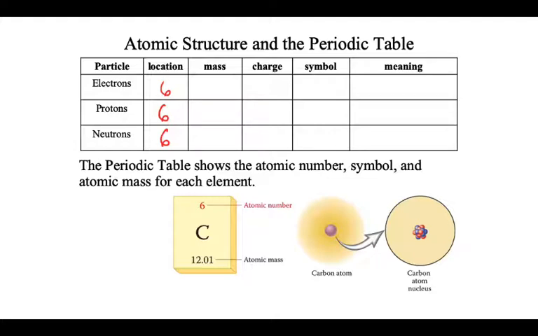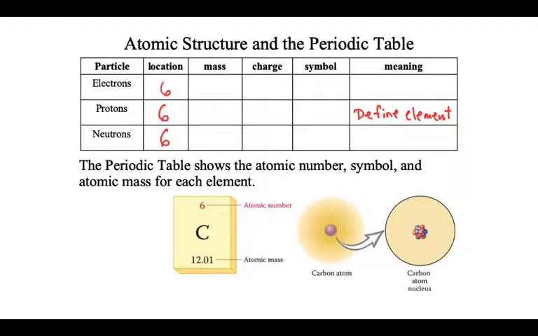If I tell you 6 protons, you now know the element. Protons define the element. That's the meaning. That has to be my starting point. If I've got 6 protons, I know I've got carbon.